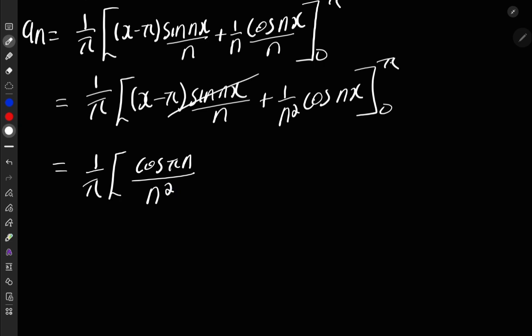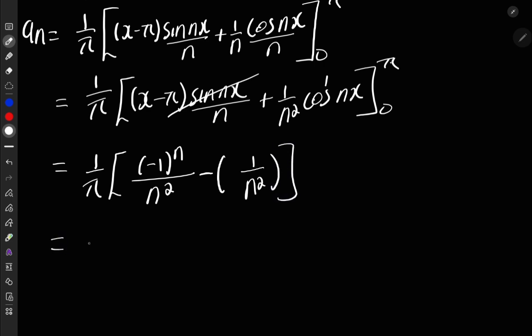You know that cos pi n is minus 1 to the power of n, minus the lower bound, which is 0. So when you substitute 0 in sine, it's 0. Substitute 0 in cos, it's going to be 1, so it's just going to be 1 over n squared.